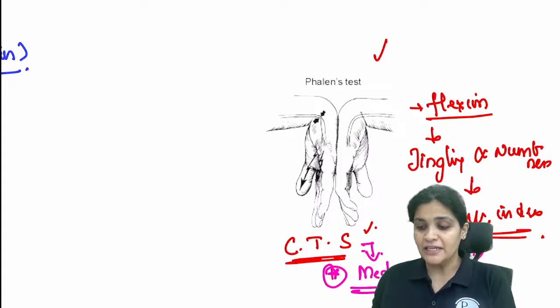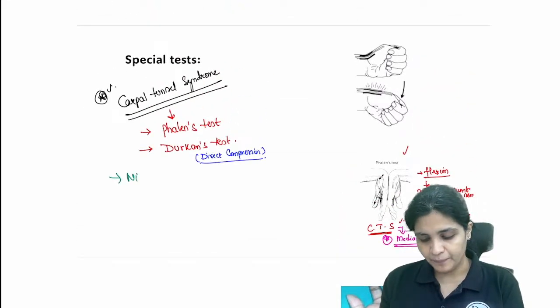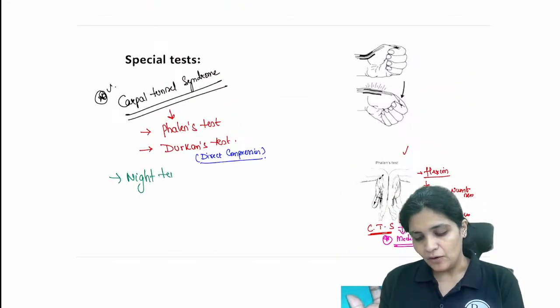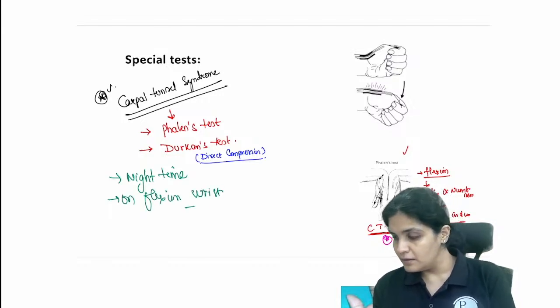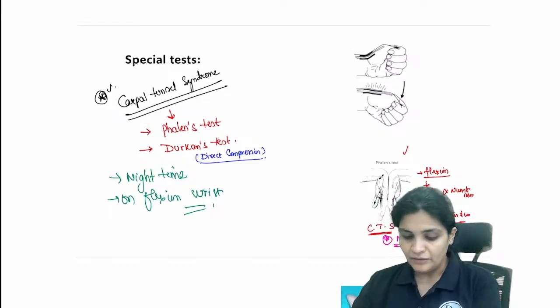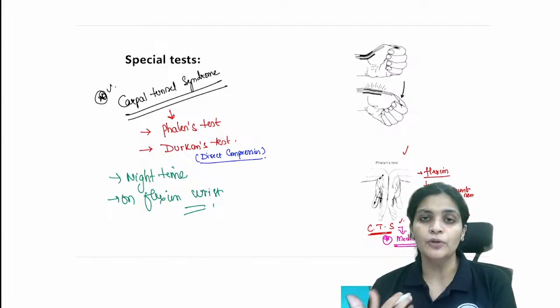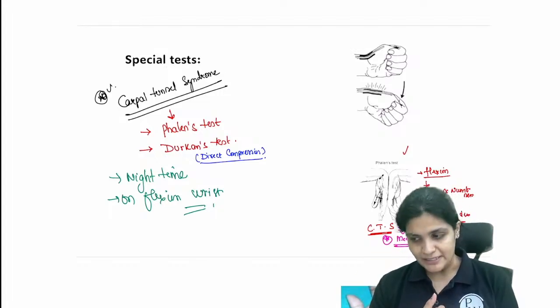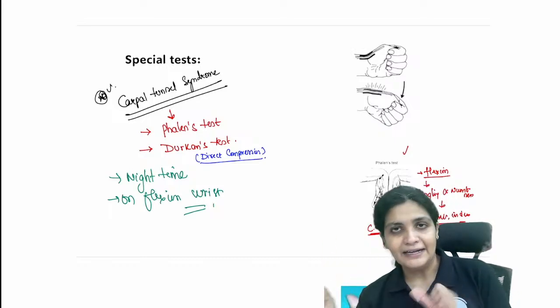And what are the complaints he will have? He will tell you that he has the symptoms usually in the night time, right? And on the flexion of the wrist, right? So these are all the symptoms you have to look for whenever you ask the history, and this is how you examine to confirm the diagnosis.